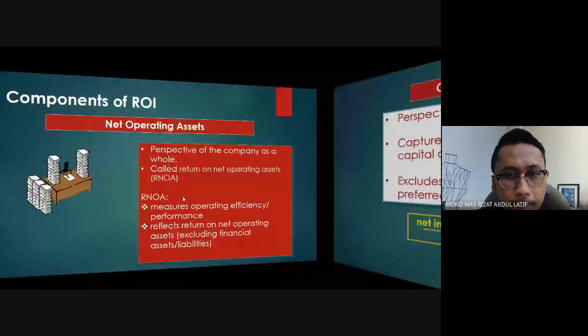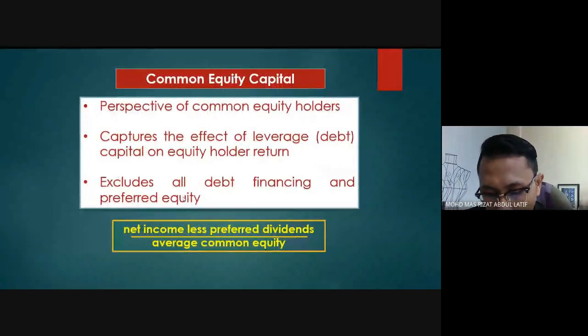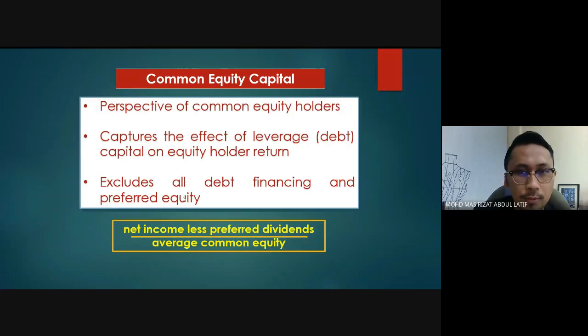Oh, sorry. Okay, so this is for common equity capital. The next page. So return on common equity, or ROCE, is defined as net income less preferred dividends divided by average common equity. So common equity is equal to total shareholders' equity less preferred stock. So that is how you calculate your average common equity lah.